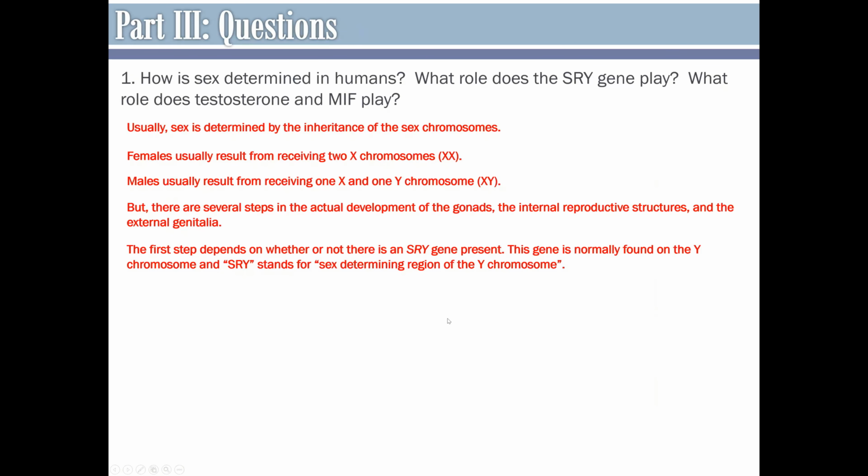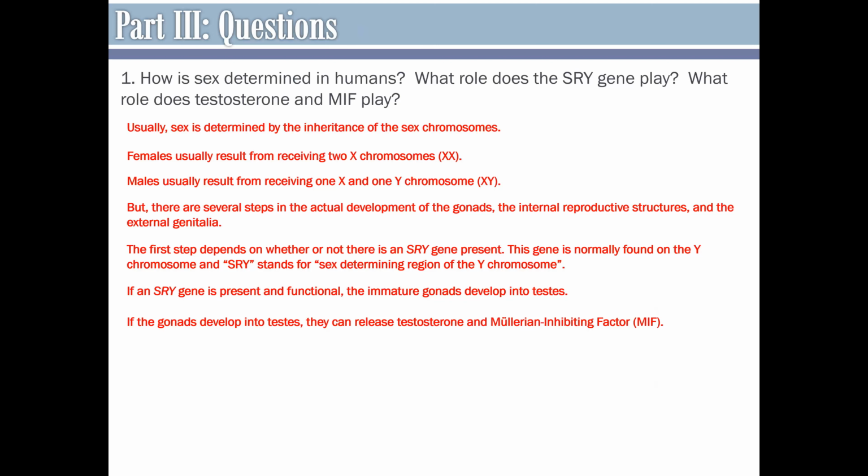The first step depends on whether or not there is an SRY gene present, and this gene is normally found on the Y chromosome, and SRY stands for sex-determining region of the Y chromosome. If an SRY gene is present and functional, the immature gonads develop into testes. If the gonads develop into testes, they can then release testosterone and Mullerian inhibiting factor, or MIF.